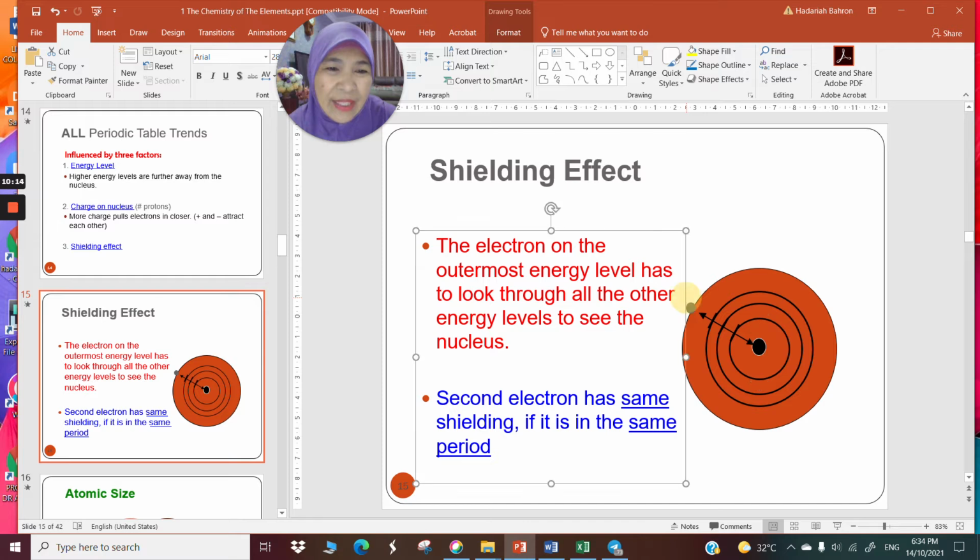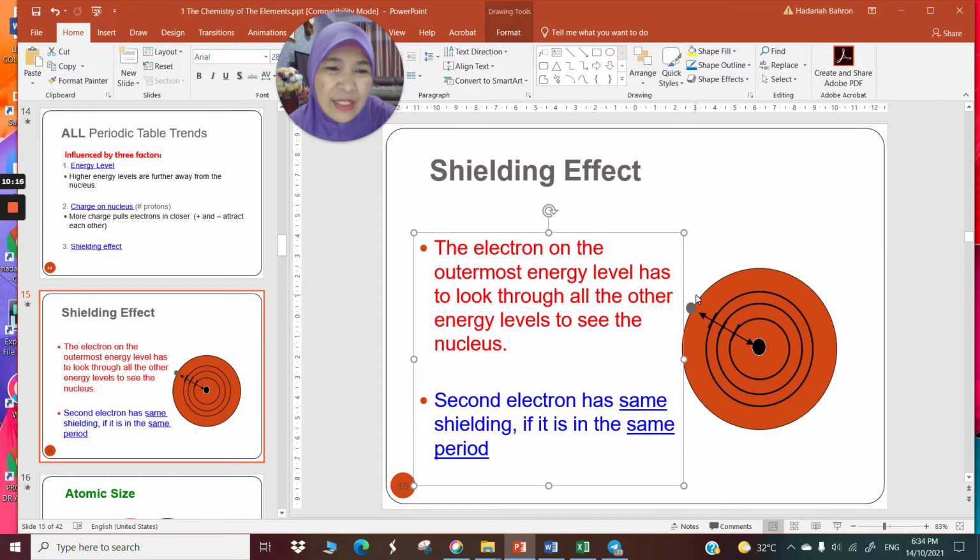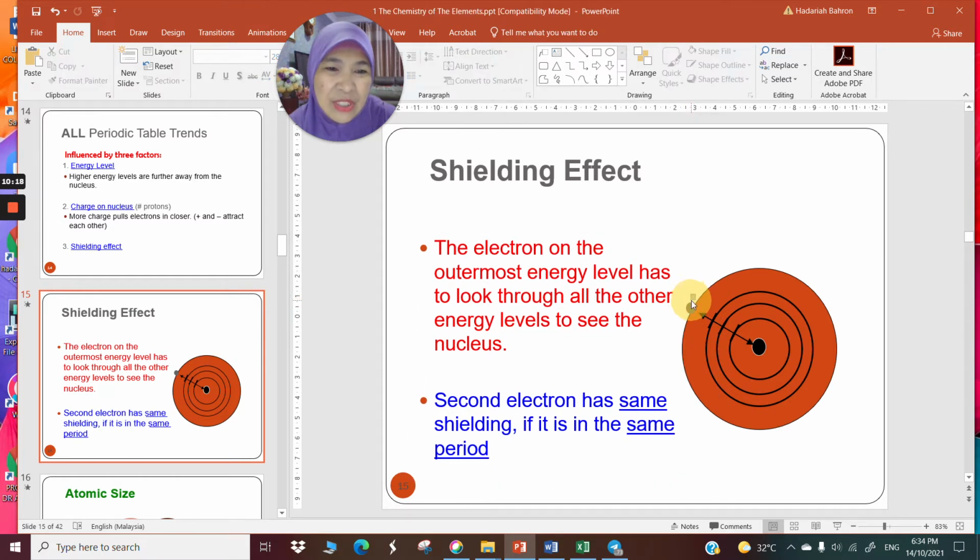So what is felt by the electrons sitting on the outermost shell is going to be less if you have a lot of shells inside. So this layer, that layer, and that layer will produce some kind of shielding effect. The electrons on the outermost energy level have to look through all the other energy levels to see the nucleus.